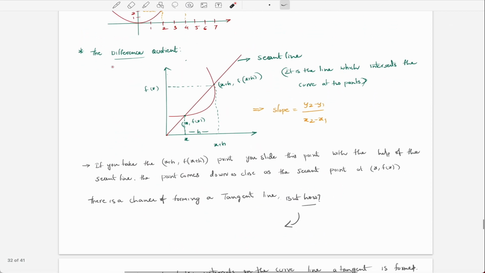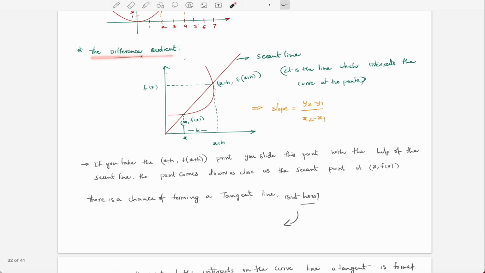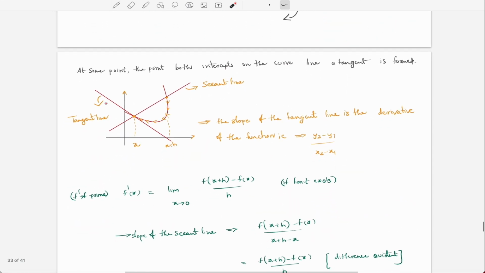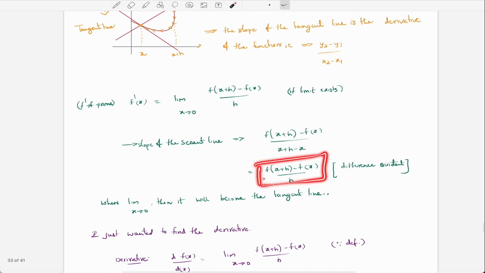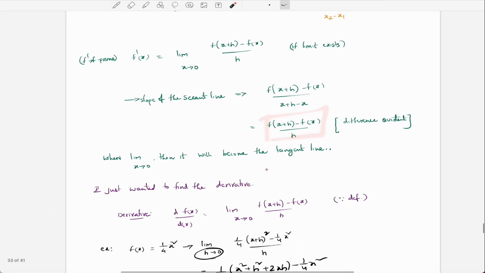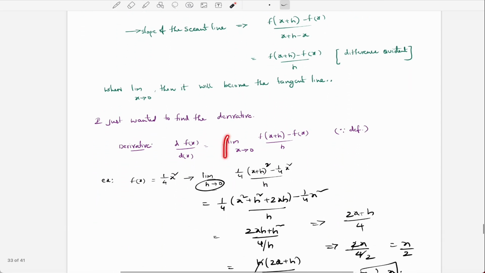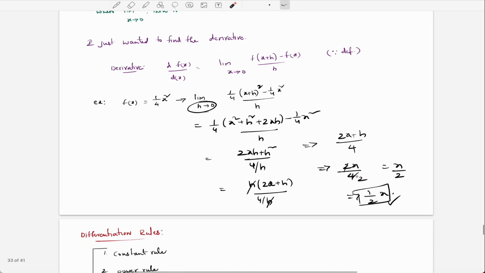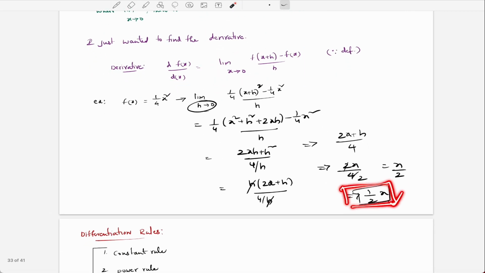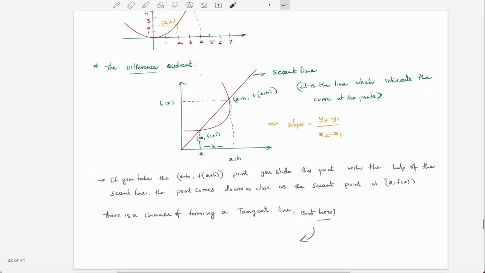I have discussed the difference coefficient: what it is, how we form the secant line, how we form the tangent line, and how we find the derivative of this equation, right? I hope you understand until now.